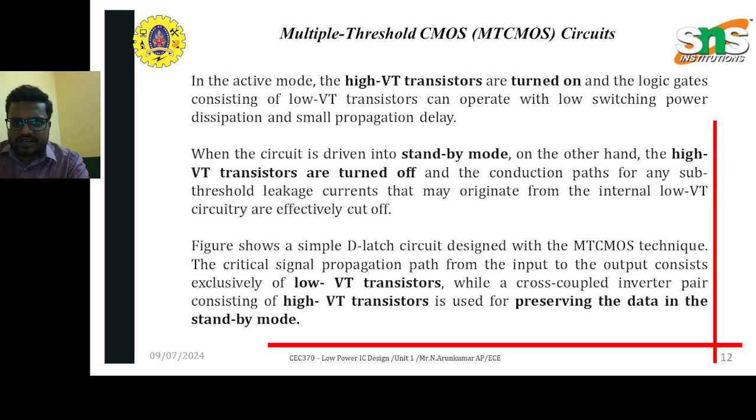Next one is low VT transistor, while a cross-coupled inverter pair consisting of high VT transistors is used for preserving the data in the standby mode. While the high VT transistors are in the turned off condition, at that time the same voltage occurs in the standby mode as well as in the low VT transistors and high VT transistors.